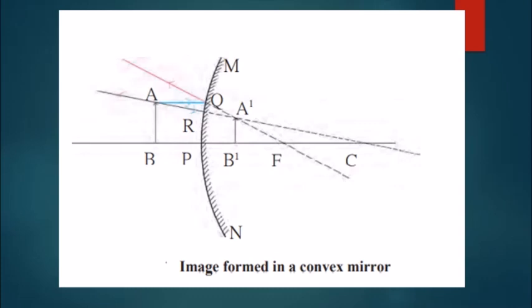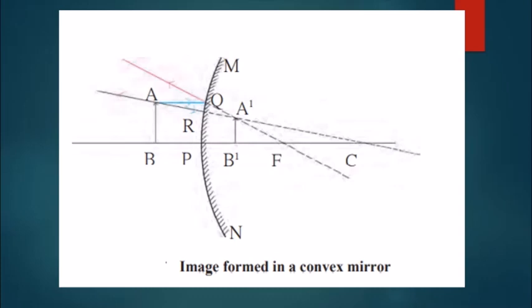This is how the rays get reflected and form the image A dash B dash, and we can see how the reflection is happening here. From this we can say that the image formed is smaller than the object. It is behind the mirror and it is erect, and as the reflected rays do not actually cross one another, the image is also called a virtual image.